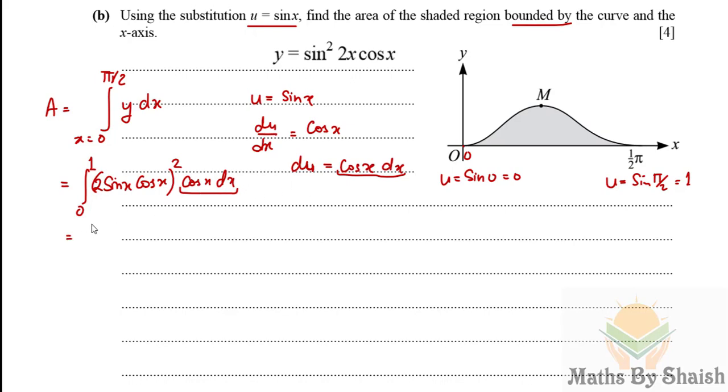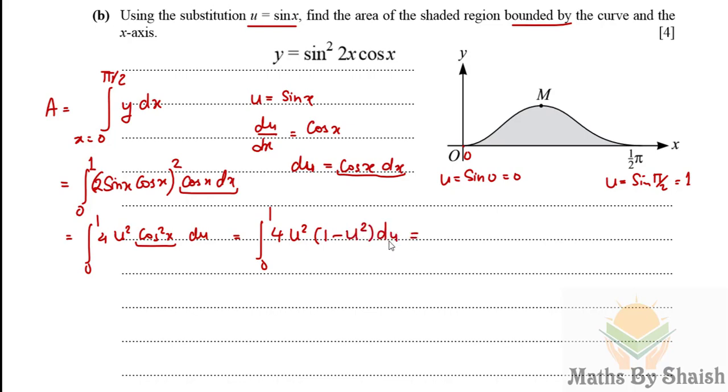So we got it as 0 to 1, 4 times sine square x, that is u square, into cos square x and du. We still have to remove cos square x, and we know that cos square x is 1 minus sine square x. So it would be 0 to 1, 4 times u square into 1 minus u square and du.